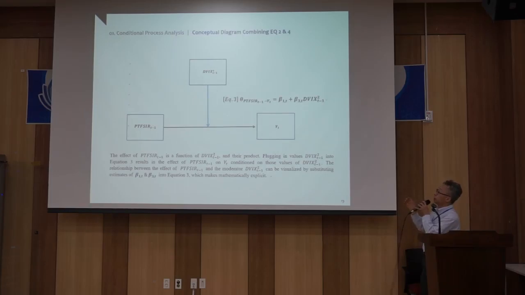So in the model, when you're predicting this month's hedge fund return, the PTFSIR is an option-based trading strategy, which is trend following, and the previous month's trend following strategy and short-term interest rate will be used to estimate this month's return of a hedge fund.